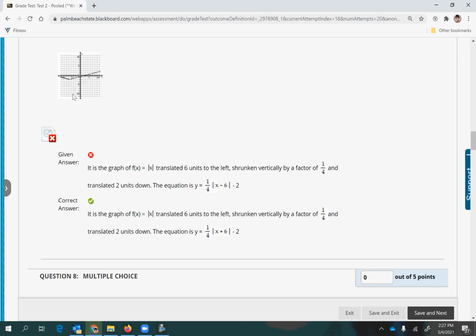So it is flat and wide, so it was multiplied by something less than 1. So you have a good start to this, choosing 1/4 times the absolute value. And then you did -2 on the outside. That shows that it was dropped down 2 units. So this is below the x-axis. Normally it would be at the origin, so it has gone down. So that was a good choice.